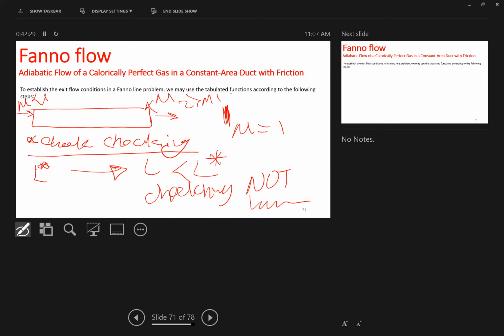So essentially you're working backwards, so you know that the exit is Mach 1, and you have the difference in the length. Exactly, that's right. So after calculating the hydraulic diameter, after calculating the L star, you use the ratios you have and the real inlet conditions to find the properties and the choking length, like P star, whatever, right? And you use these properties and the choking length to find the new inlet properties.